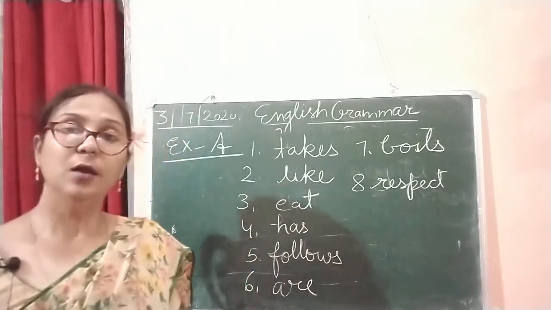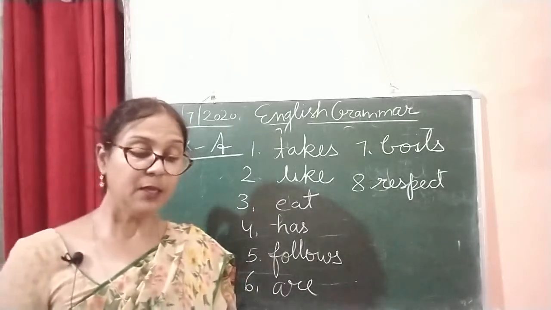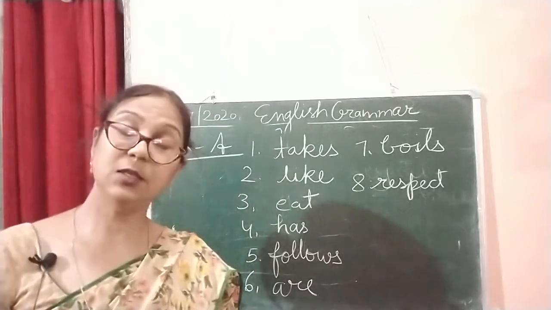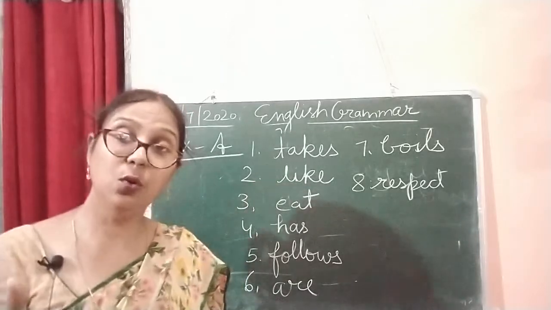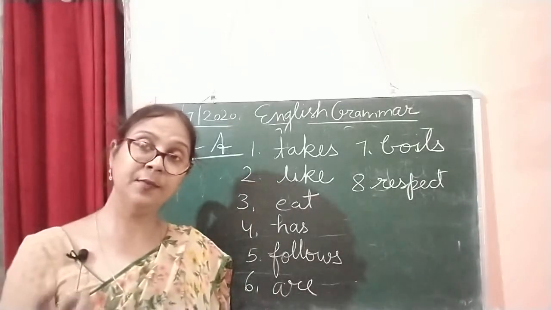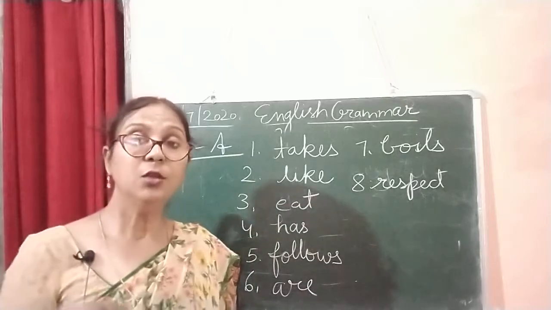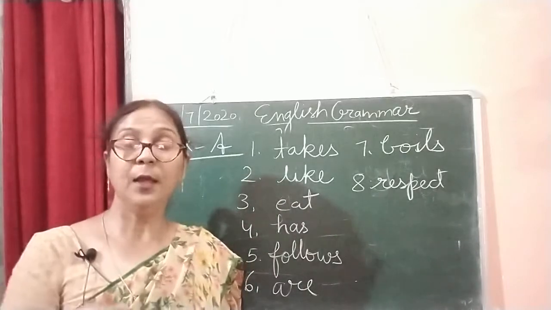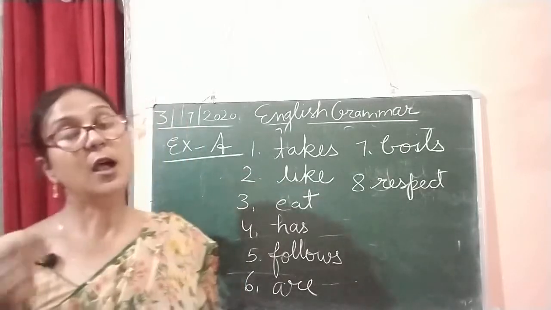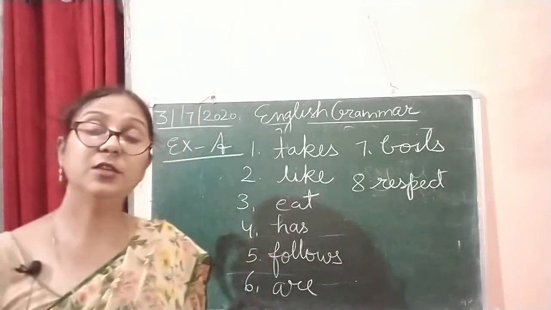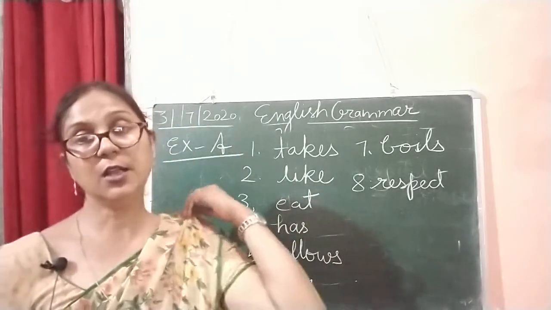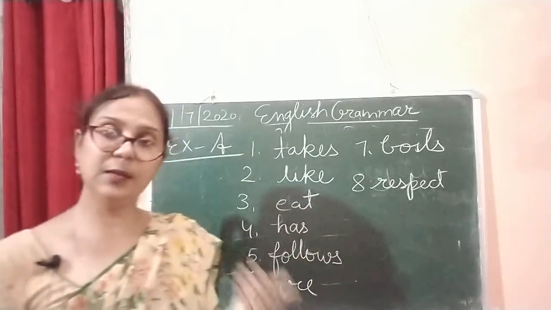Now, simple present tense is used where? To show the behavior of a person or routine or custom, to show the universal truth, and to show future plans which are already arranged in the present time. It is future, but it is already arranged. That time we are supposed to use simple present tense.